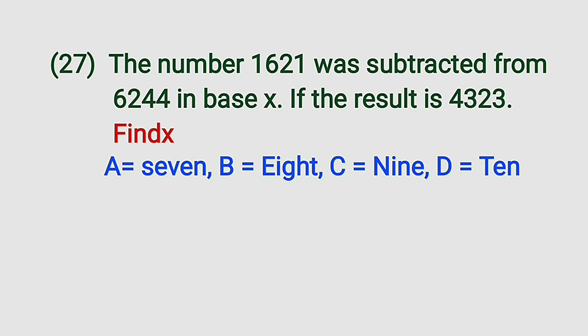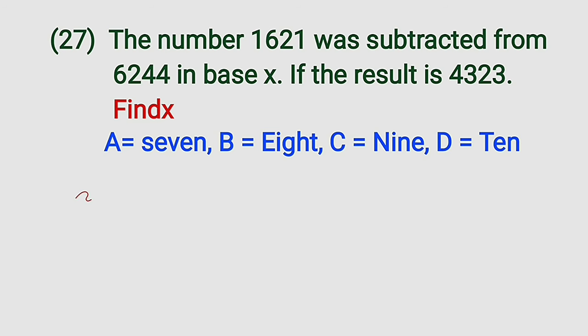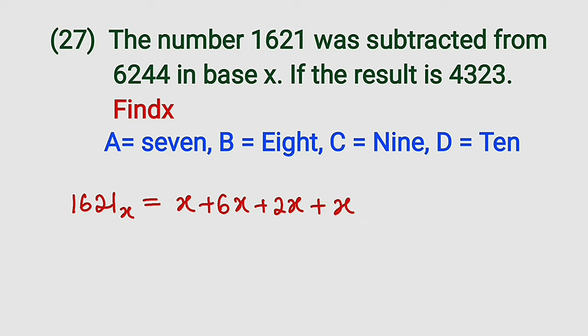Since all of these numbers are in base x, I would like to convert them into base 10. So let me start with the first one, 1621 in base x. To convert it into base 10, you take the first number and multiply by the base: 1 times x, plus 6 times x, plus 2 times x, and lastly 1 times x, then assign indices 0, 1, 2, 3.